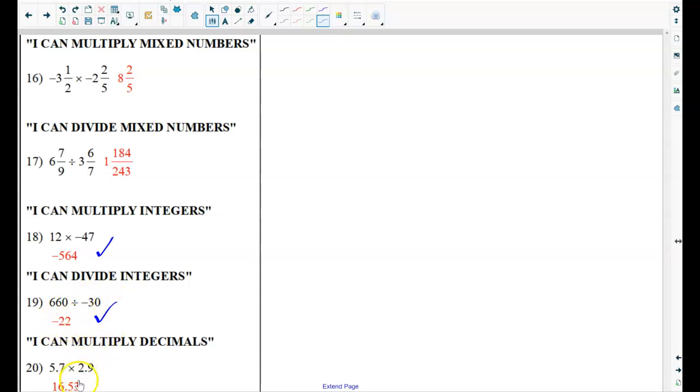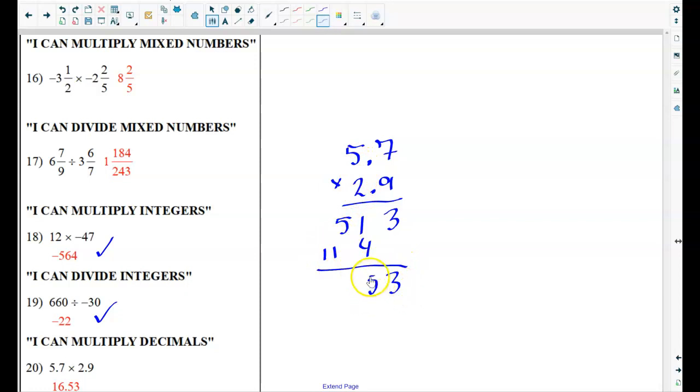So we'll move on. And down here, I can multiply decimals. So, right, most of you guys are strong. Some of you guys need just a little more practice. So take this very seriously. Right, you can go and carry out the multiplication. We got 3, 6, 14, 3, 5, 6, 1.